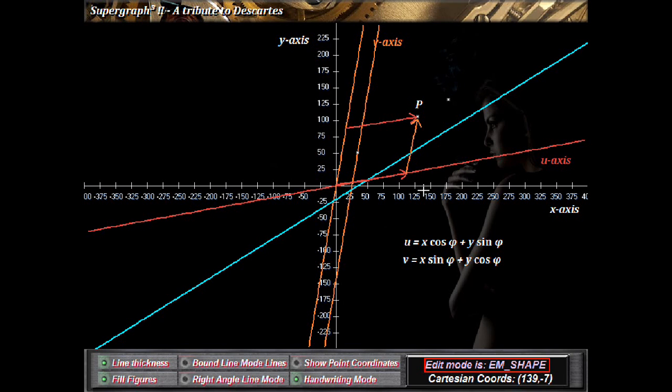The relationship between u and x is linear, v is a fixed number, and the same with y.